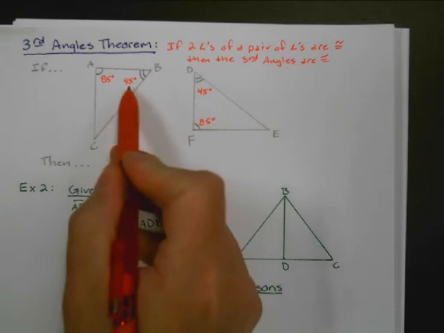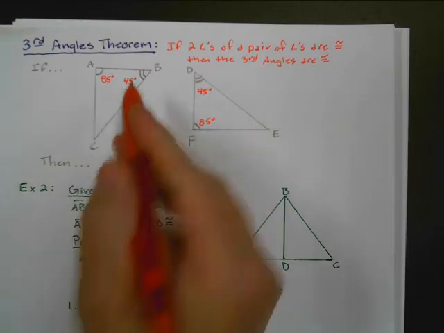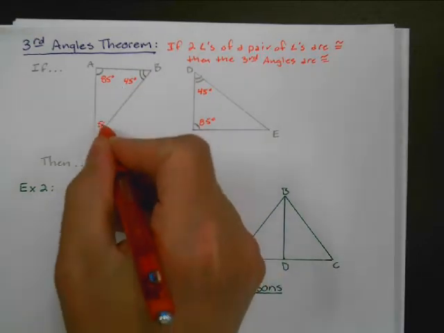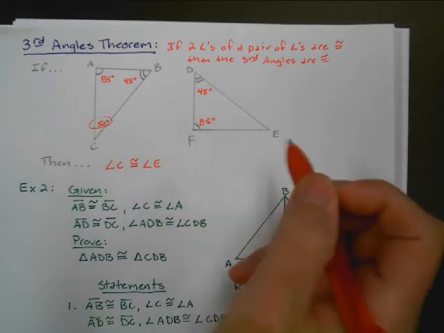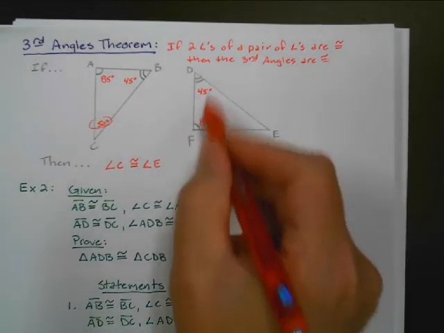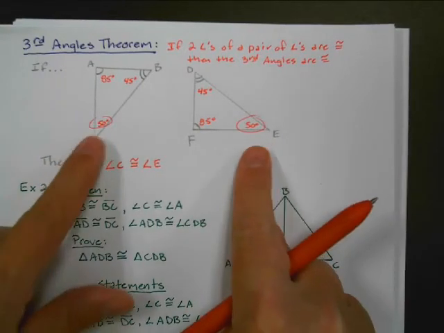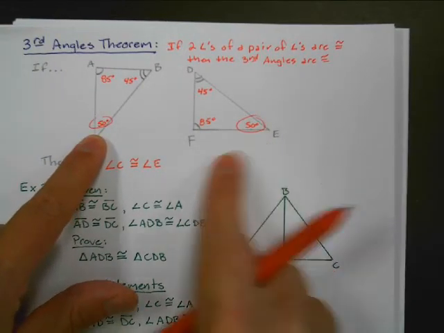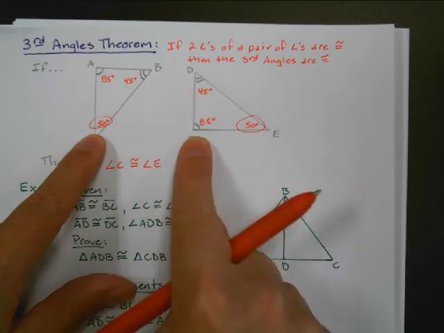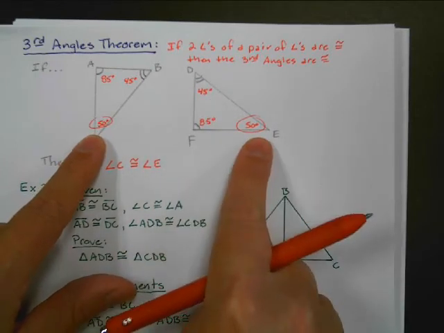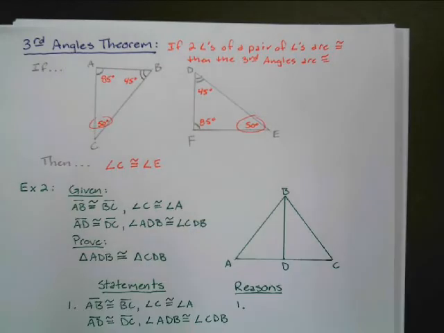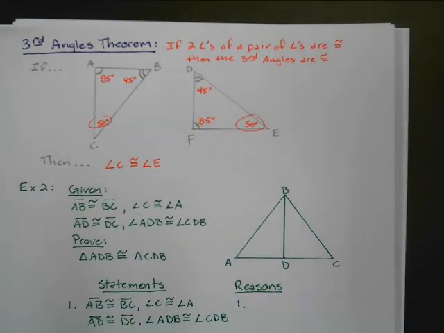So right here, these two add up to 130, which means that this has to be 50 degrees. Well, if these two add up to 130, this one also has to be 50 degrees. And now the third angles are congruent. I don't even need to know what these two angles are. The third angles are always going to be congruent if the first two angles are congruent. So we're going to use that in some of the things that we do.